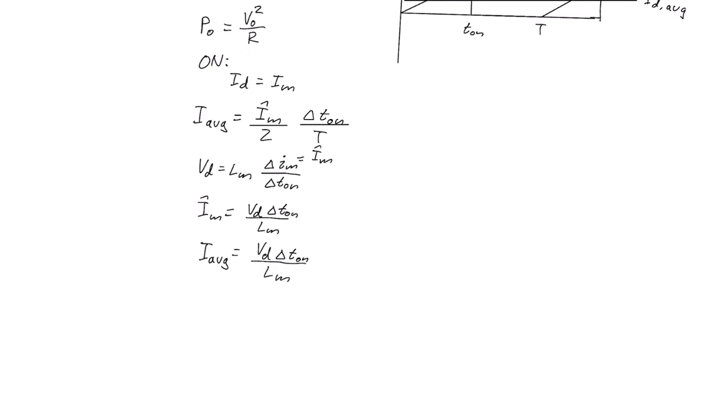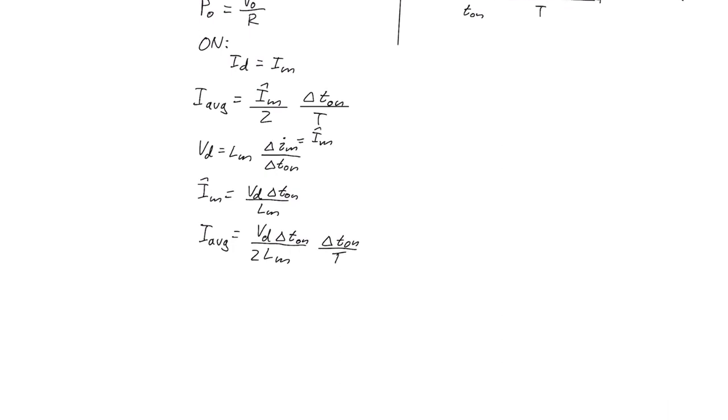And then we also need to divide by 2, so we put that in front here. And then we need to multiply by the T on here over T. We can simplify this further because T on is dt. So therefore we have VD multiplied by dt divided by 2LM. And here the T will go with the T, so we just have D.